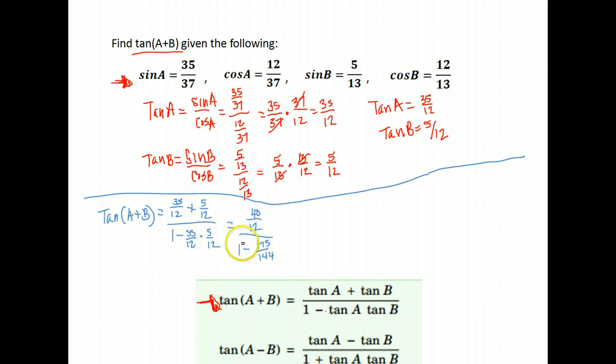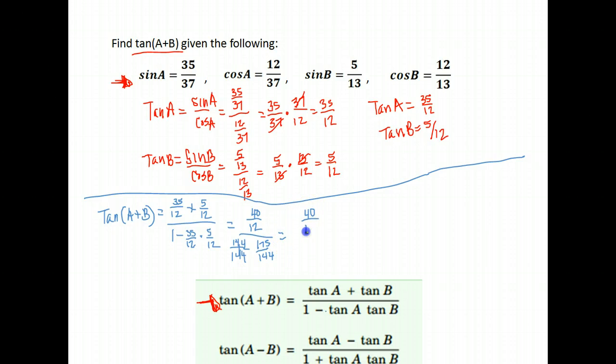Now here I'm going to assume that you're doing this by hand. I know many of you have a calculator with a fraction button, and that's okay. If you don't, we would have to get a common denominator here to combine these. 1 we would write as 144 over 144, and then we could do the subtraction.